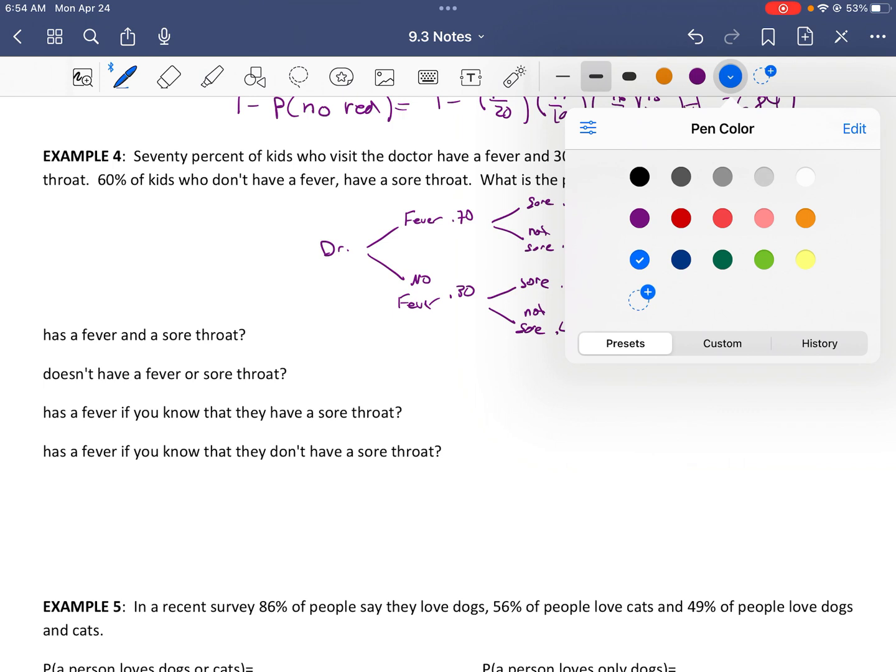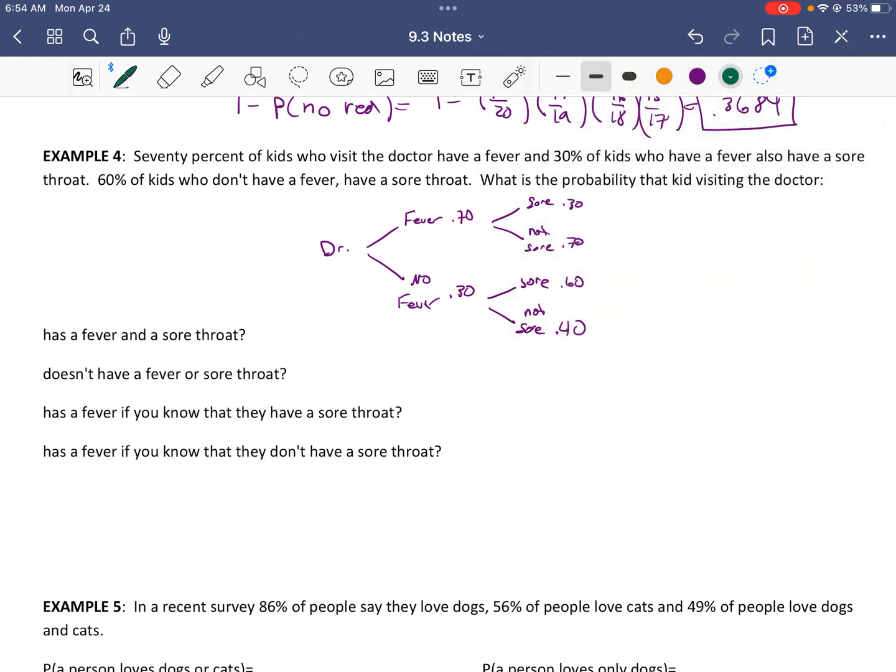Okay. All right, now I do want to go ahead and multiply the compounds. So fever and a sore throat, so 0.7 times 0.3 is 0.21. Fever, not a sore throat, 0.7 times 0.7 is 0.49. Not a fever, but a sore throat, 0.3 times 0.6, 0.18. And finally, not a fever and not a sore throat, 0.3 times 0.4, 0.12.